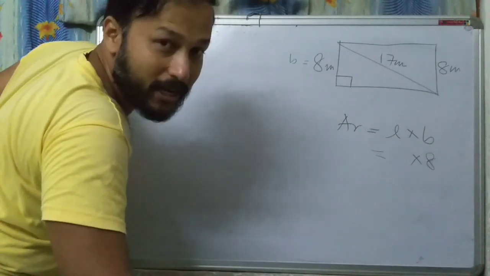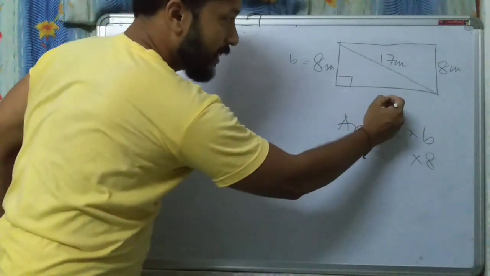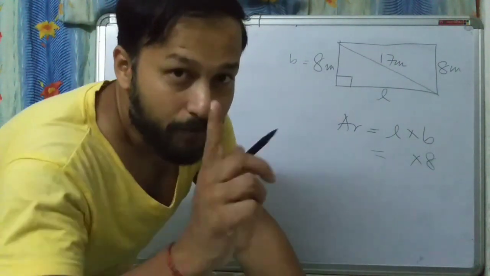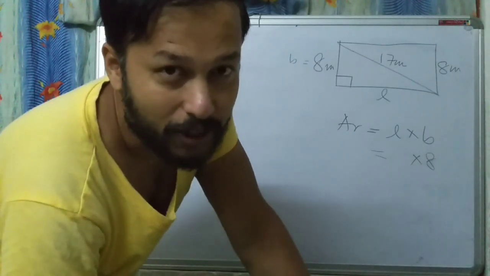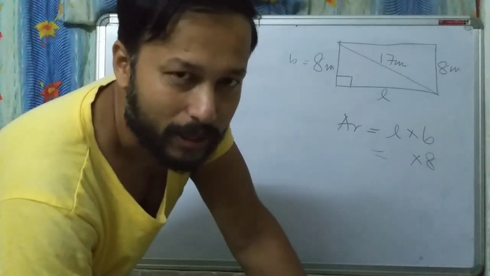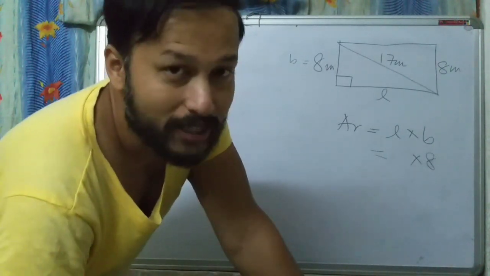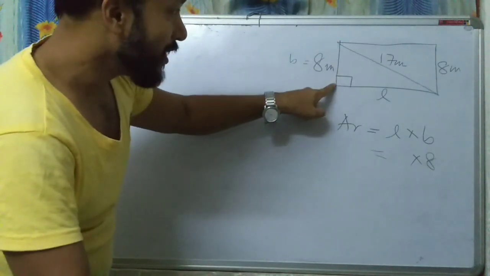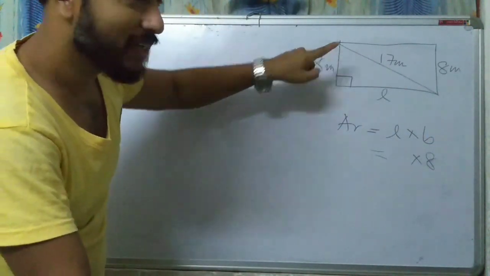Now, we have to find its length. We'll use the Pythagoras theorem. That formula we have to use here. What is the Pythagoras theorem? Yes, this square plus this square equals this square.